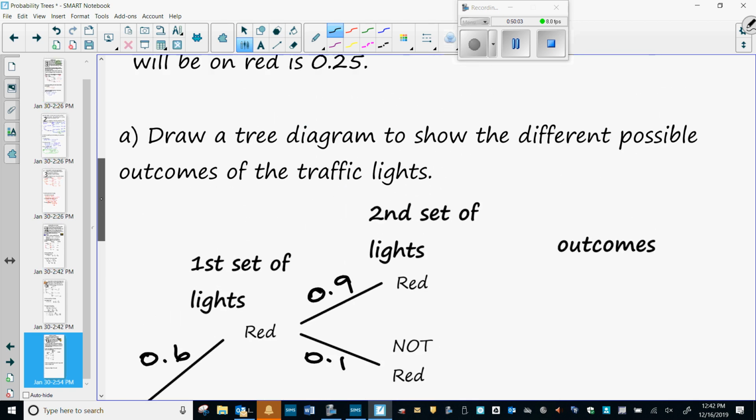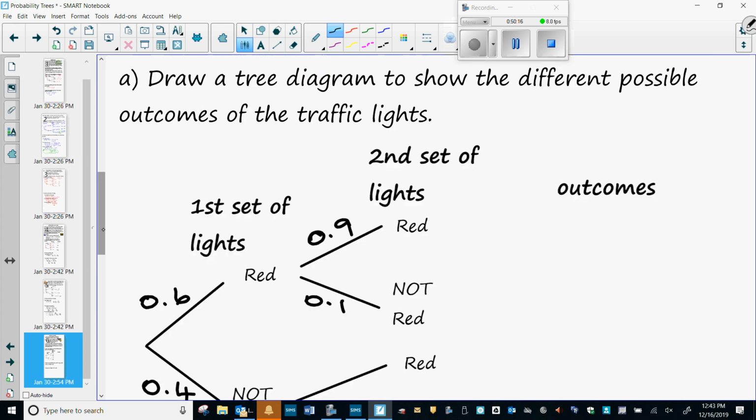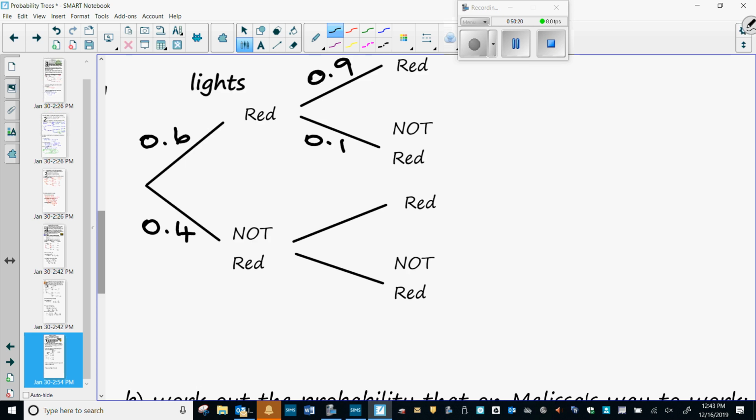The question says, if the first set is not on red, then the probability that the second set will be on red is 0.25. So here, not red, the second set being red would be 0.25. Exactly right.